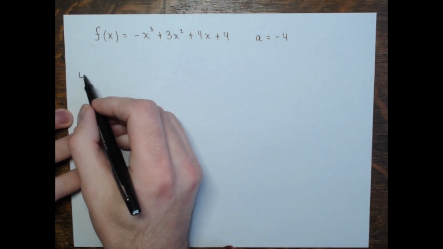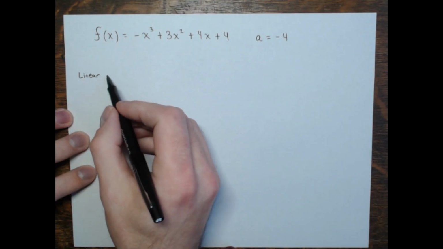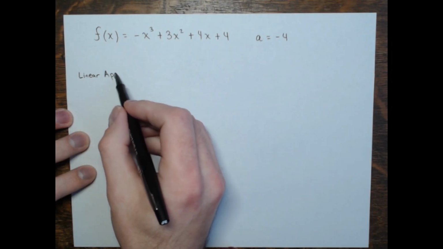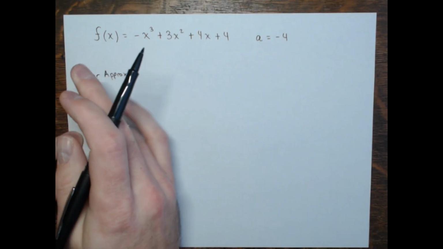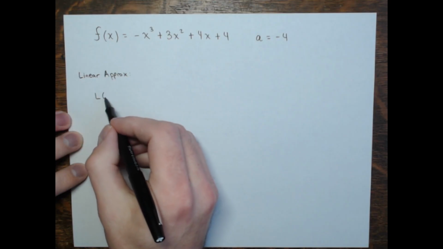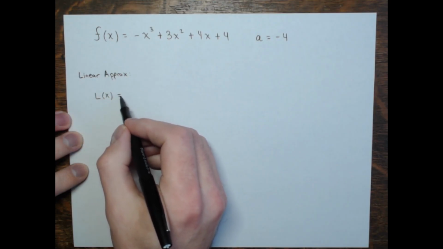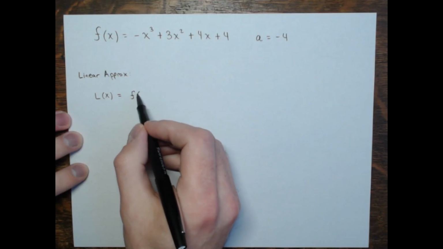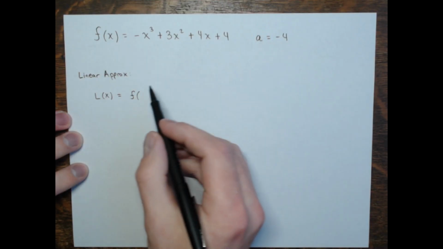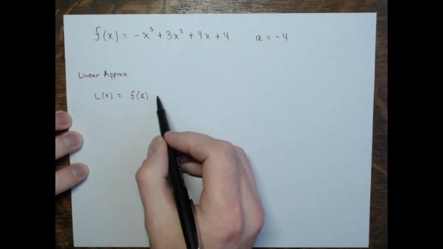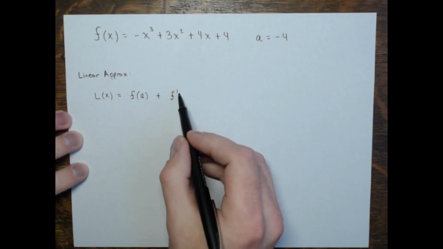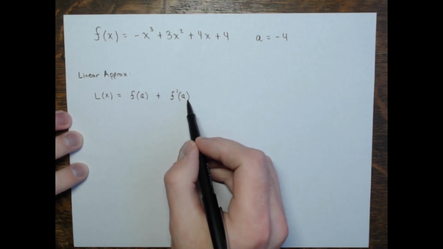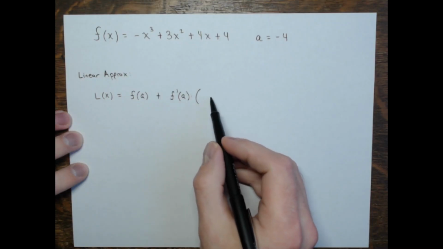So again, the linear approximation, this tangent line function that they're calling L of x, is just the value of the function at the input of a plus the slope of the tangent line, right? So f prime at a times, and then you're changing x, right? x minus a.